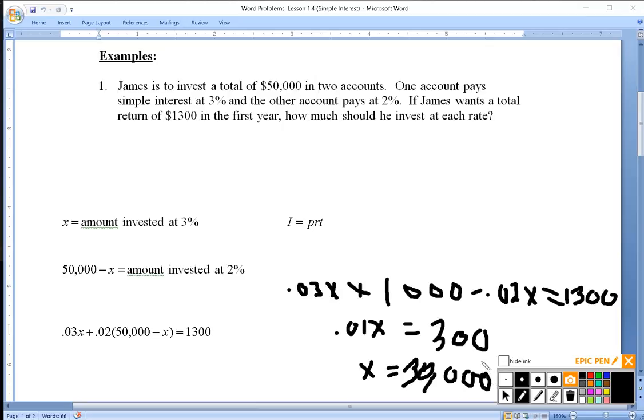Okay, so 30,000. That's x, but what was x? x was the amount invested at 3%. Okay, so since I know I have a total of 50,000, if I subtract 30,000 from 50,000, I get 20,000. Okay, this is all, of course, in dollars.